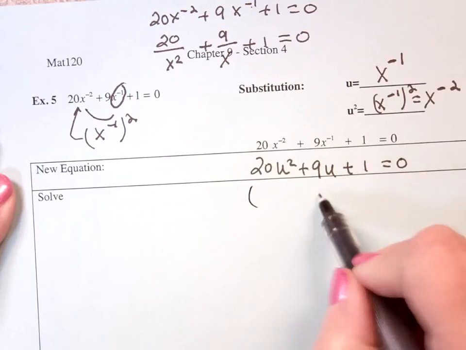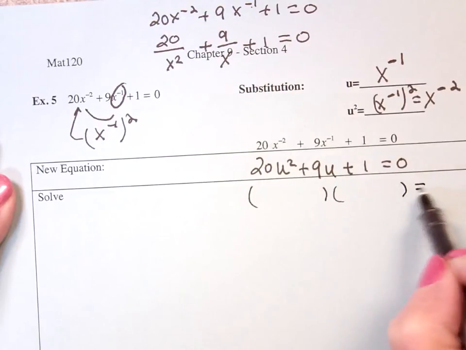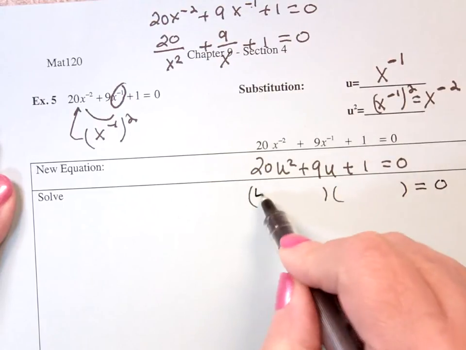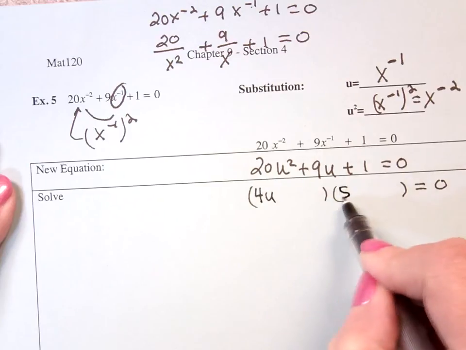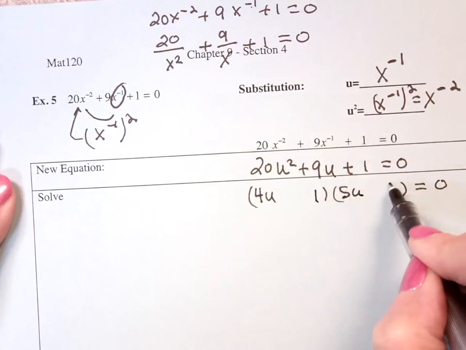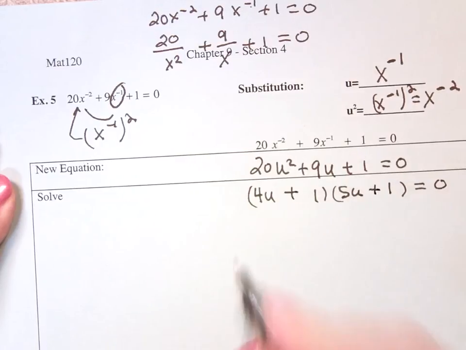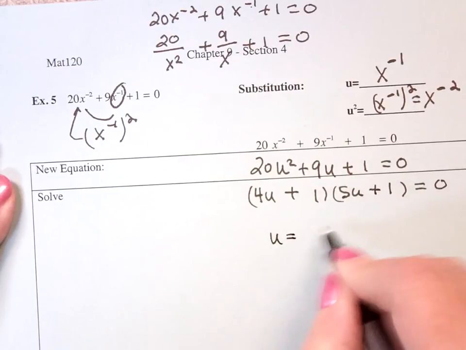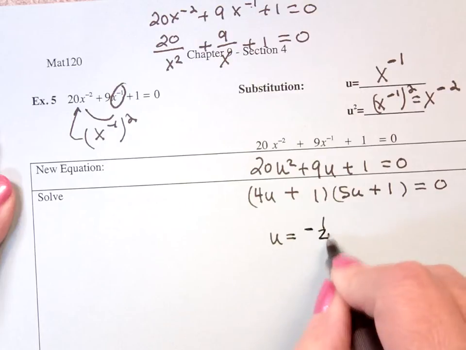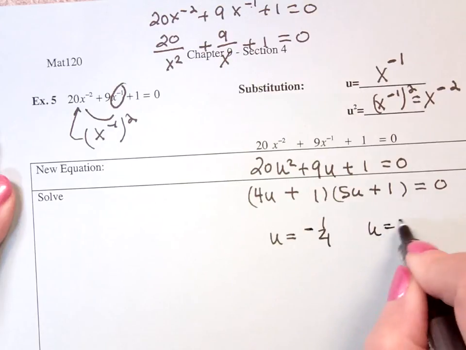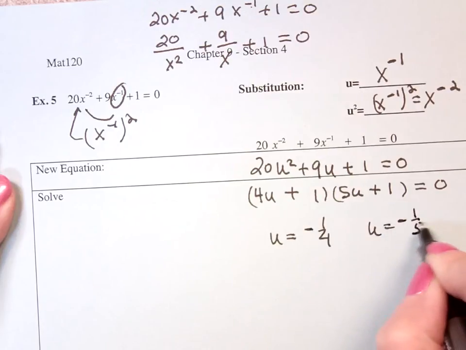And this does factor. I had to think about it a little bit today. It factors as 4u and 5u, both 1s, everybody's plus. So u is negative 1/4 and u is negative 1/5.